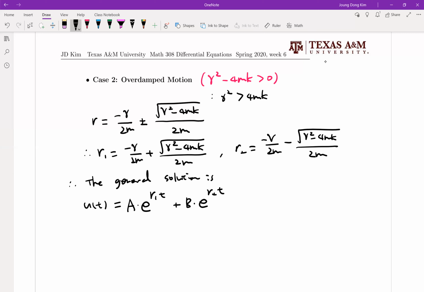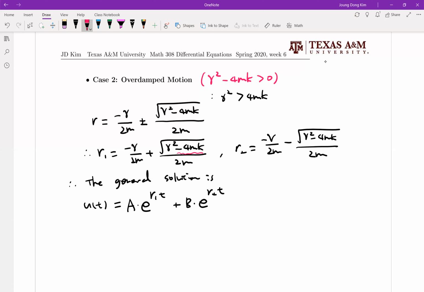First of all, look at r2. We know m and gamma and k, all of them are positive, okay? When you look at r2, minus gamma over 2m is a negative value, and minus another negative, right? So this whole thing is negative. r2 is negative. What about r1? Minus gamma over 2m is definitely negative, but when you compare with the plus term, that is a positive number. But look at that. If you did not have the 4mk, it would be just gamma over 2m, which is exactly the same as the previous, okay?